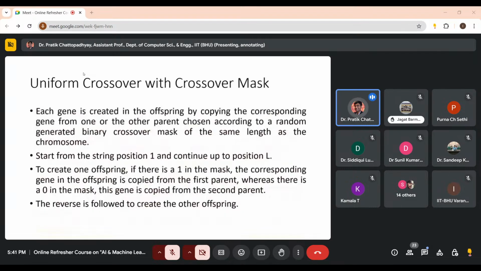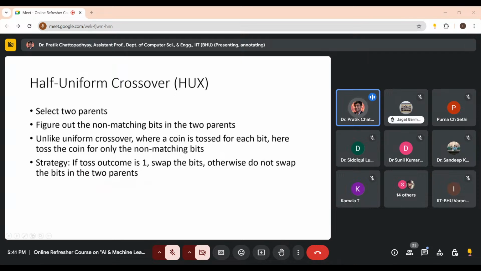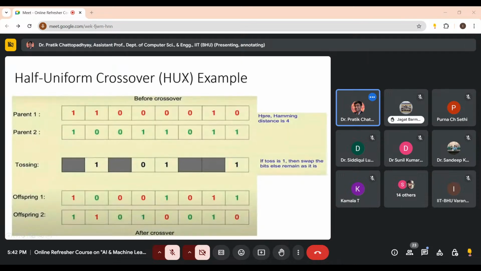To improve that, there is another technique called half uniform crossover, where we toss the coin only for non-matching bits. Wherever bits are matching in the two parents, we are not tossing the coin at that point. These two are not matching, so we toss the coin here.